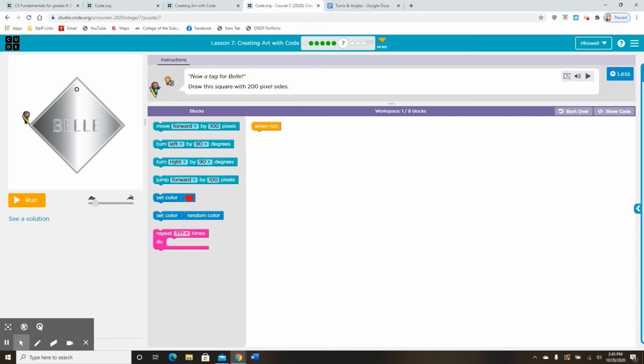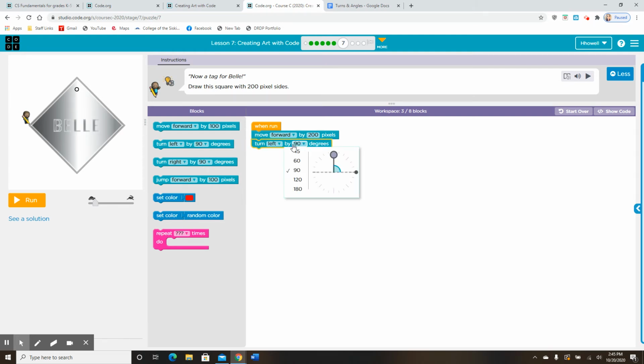So we want to move forward because that's going to get us to either go at this angle or this angle. Now, but by how many pixels? Right, 200. So we need to change that. And we need to turn left by 90 degrees. Did you guys get 90? Does that look right? Or do I need to change it?